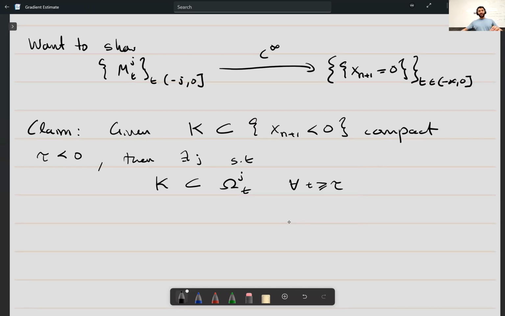It's saying that I can take any compact set in the lower half plane, and eventually this M has to be kind of above it. Oh, well, that's not quite right, but M has to be outside it. So let's prove that. Claim, I'll call this claim 1 actually, because I have another claim.